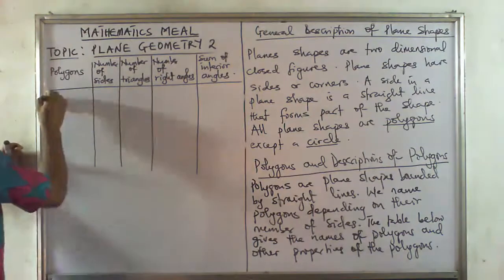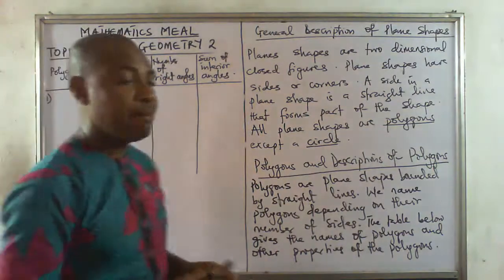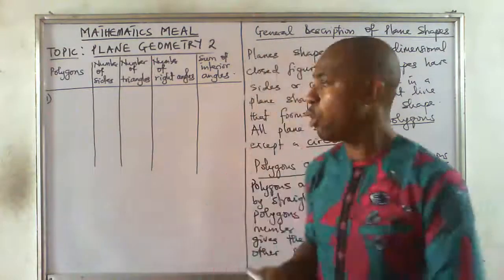Okay, the simplest polygon is the polygon we call a triangle.